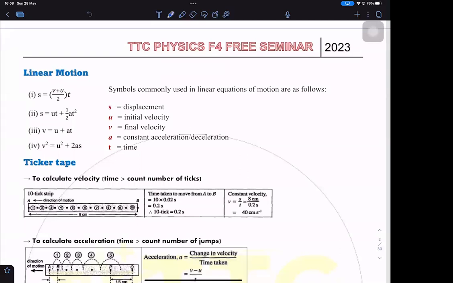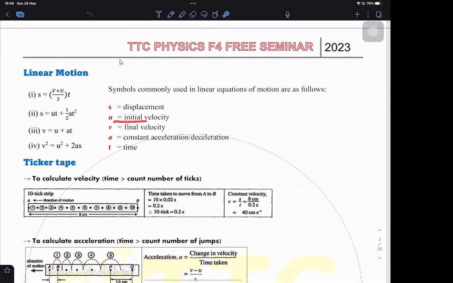The first thing that we'll talk about is the linear motion equation. Sometimes I would just call it the SUVAT equation because it's made of S, U, V, A, T. S stands for displacement, which means how far you have traveled. U and V are both velocity.